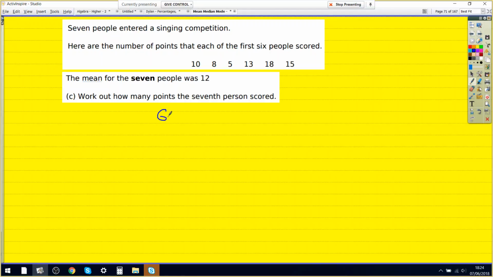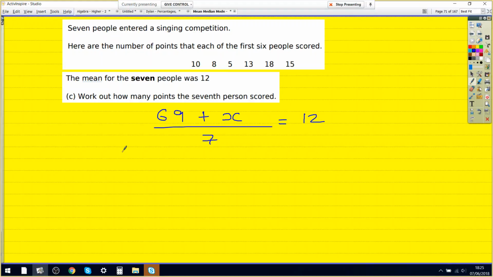Okay, so it's 69. Go on. If we divided all of them by 7, would that give us the answer? So it would have to be 69 plus something, divided by 7, would give us the 12. So we have to find what that something is.